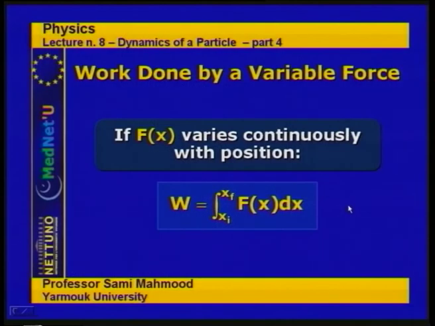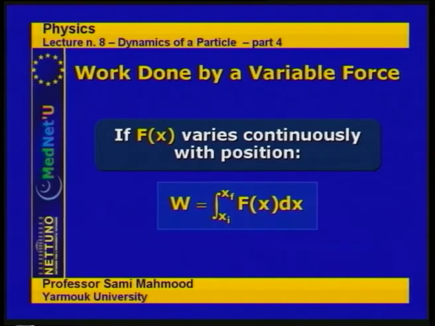In this case, delta x would go to dx. And we apply the same definition as previously defined, but in this case, the work done during an infinitesimal displacement dx is simply f of x, the value of the force at that position, times the displacement dx.